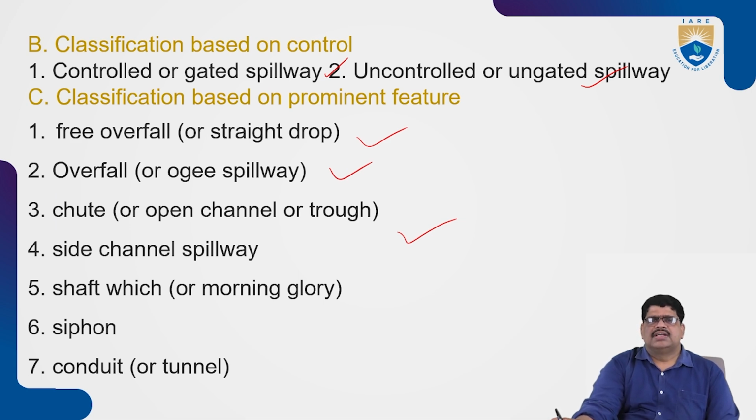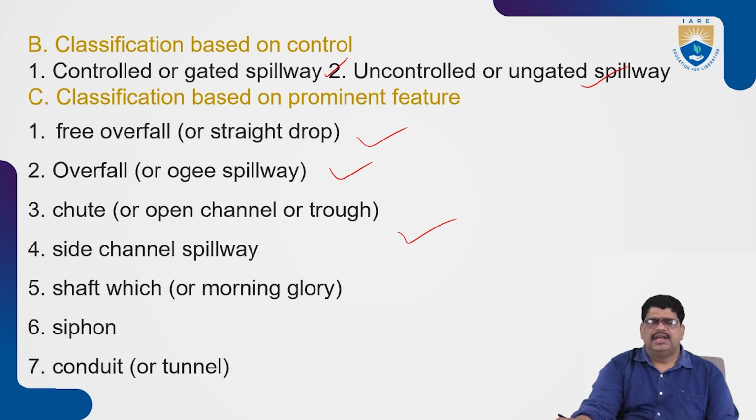Next, siphon. Siphonic spillway: due to siphonic action, the water is removed automatically and the level decreases automatically.